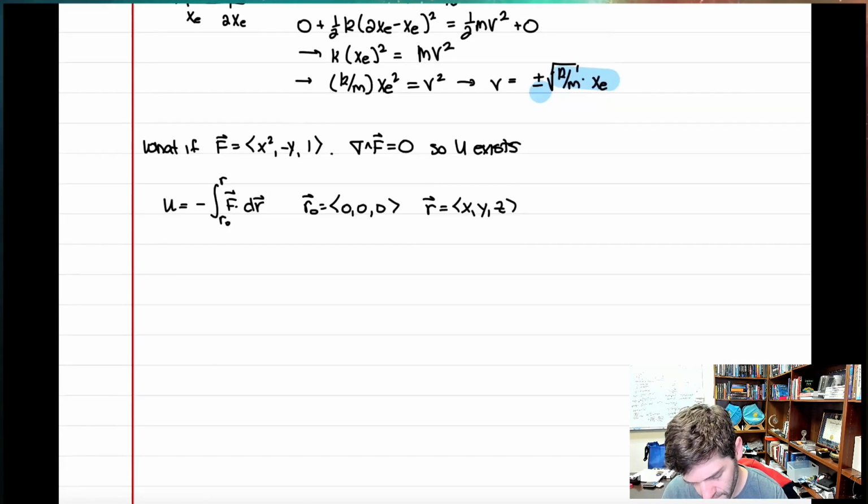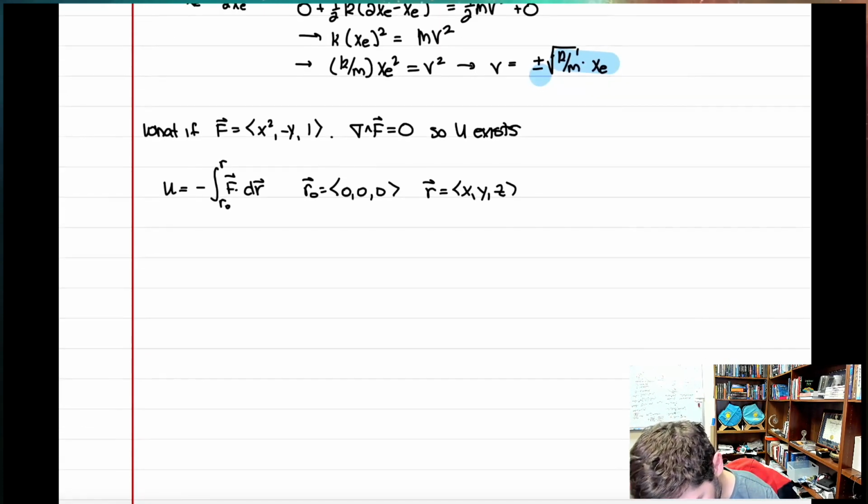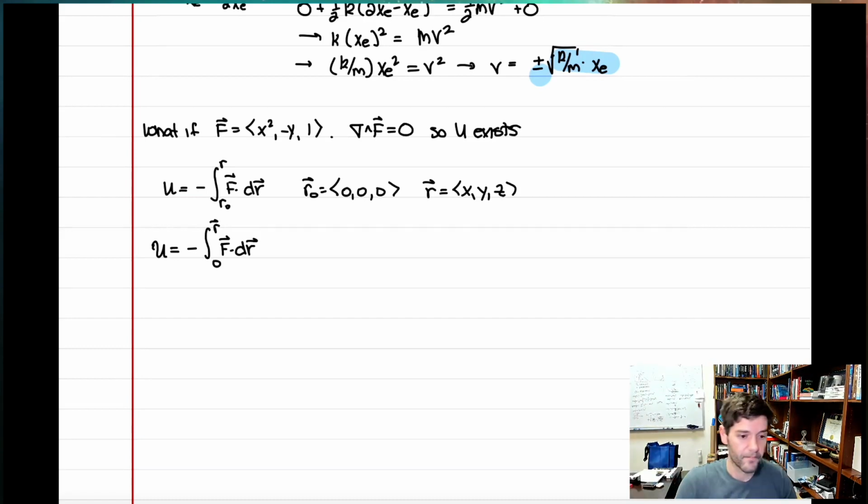And so the potential energy function is negative, going out from 0 to x, y, z, of this function dotted with dr. And since the potential energy should be independent of the path you take, technically you can choose any path that goes from 0, 0, 0 out to this arbitrary point, and that should allow you to write down the potential energy function.